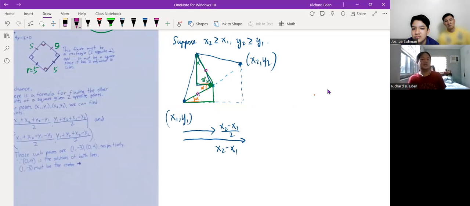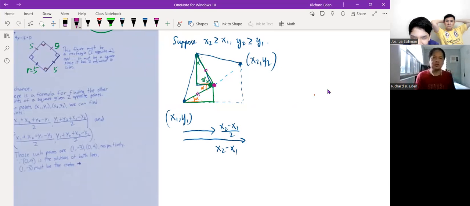Why are their corresponding hypotenuses congruent? Kasi itong point na to, this is the center. So it's from the center to any of the four vertices of the square. So the two angles marked with the purple strike through marks, well, they're congruent. So the two right triangles are not just similar; they are congruent to each other.